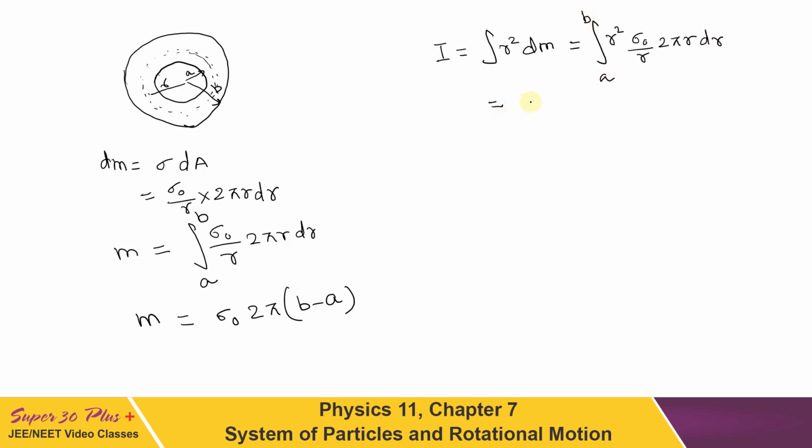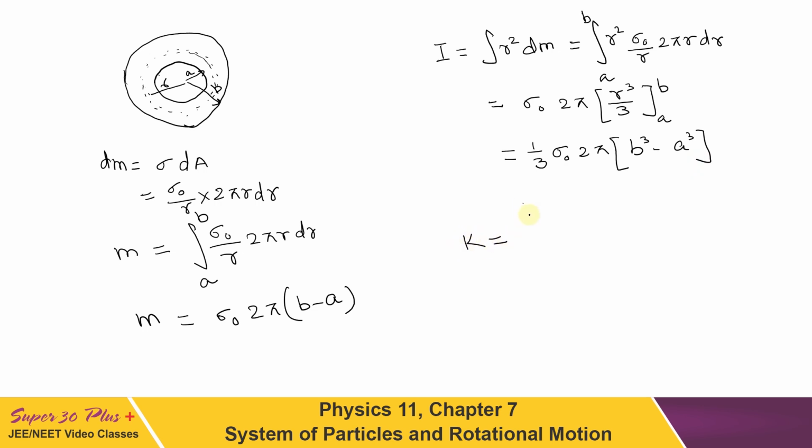On substituting all the values and integrating, the answer will come out to be sigma naught 2 pi, this is r cube upon 3 within limits a to b. That will be equal to 1 by 3 sigma naught 2 pi, and it has to be (b cube minus a cube) inside the bracket. Now we can directly substitute in the formula of radius of gyration, that will be root of I by m.